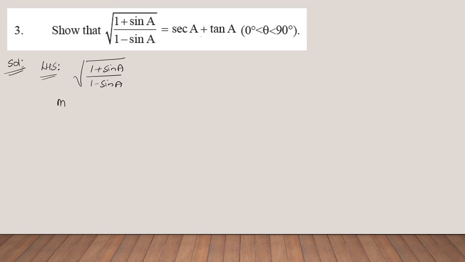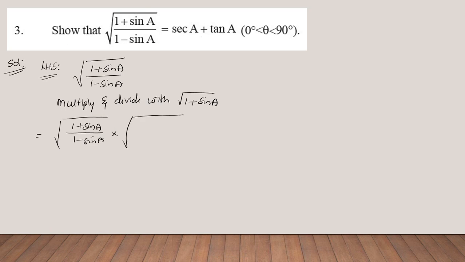So that's why what I am going to do is multiply and divide with the square root of 1 plus sin a. Then this will become square root of 1 plus sin a by 1 minus sin a multiplied with 1 plus sin a by 1 plus sin a.